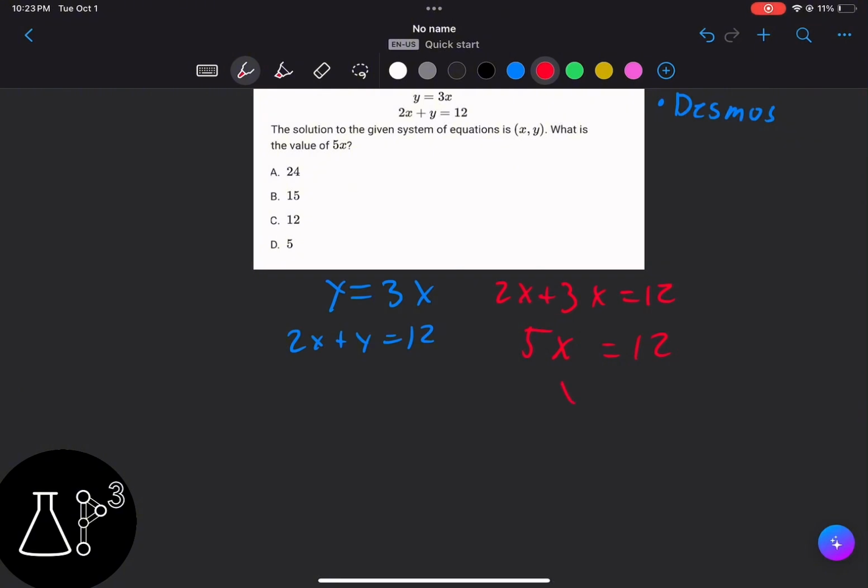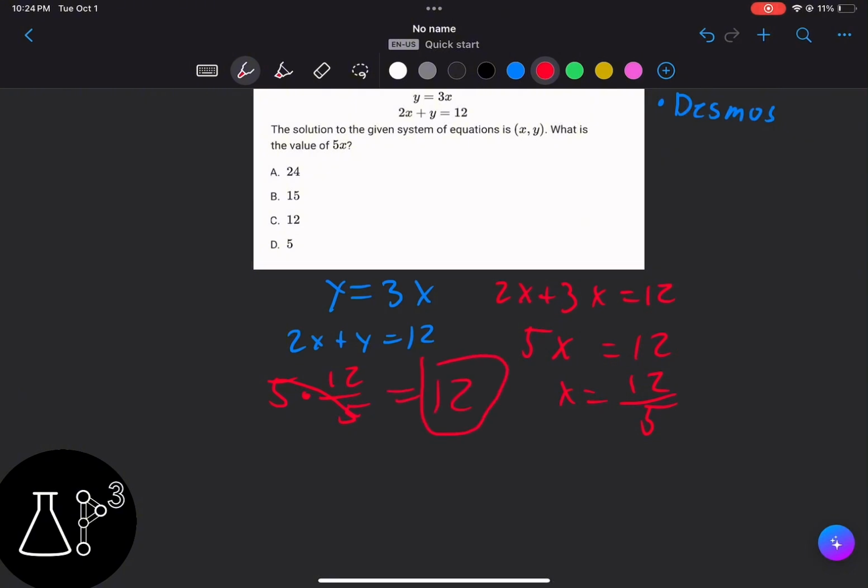So then x equals 12 divided by 5. And it's asking what is the value of 5 when it multiplies by x. Well, x equals 12 divided by 5, so 5 multiplied by 12 divided by 5. The 5's cancel out, and we're left with 12.